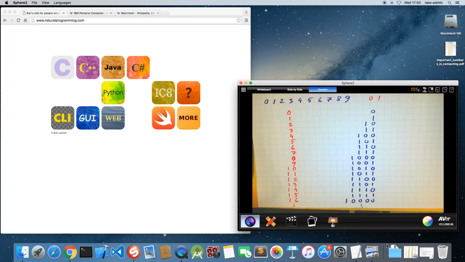And so these binary numbers are very important in computing, and our entire world nowadays is based on these binary numbers.